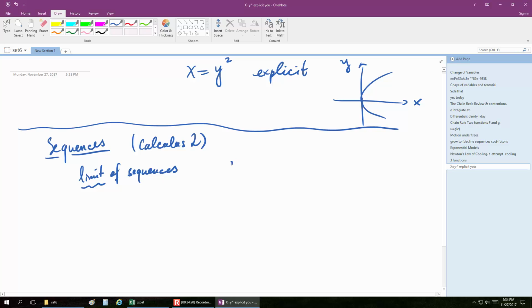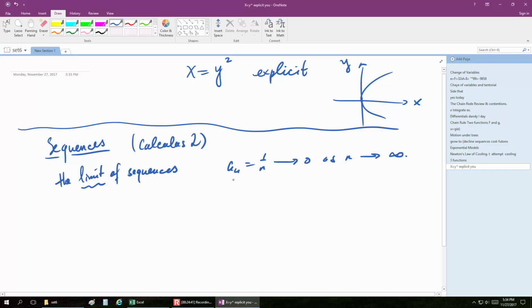Like a_n equal to 1 over n converges to 0 as n goes to infinity. If you want to deal with the definition of the limit of a sequence, this is the simplest situation imaginable.